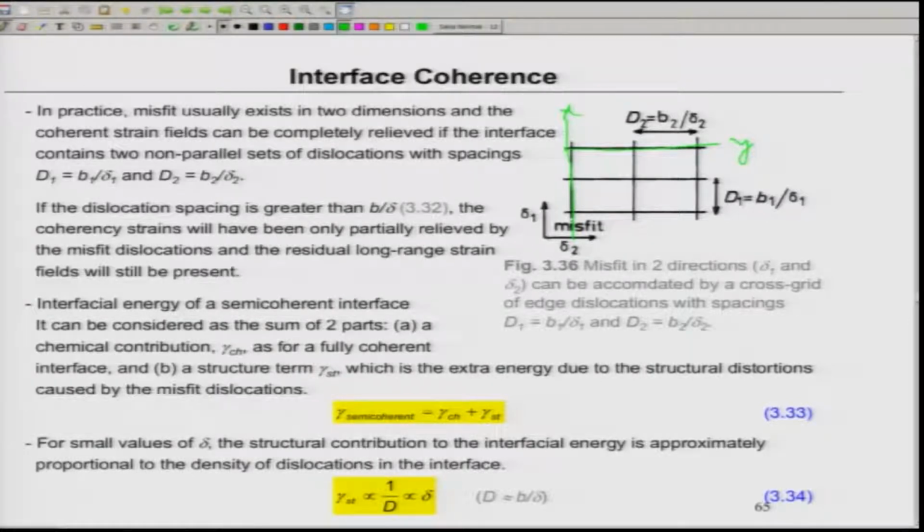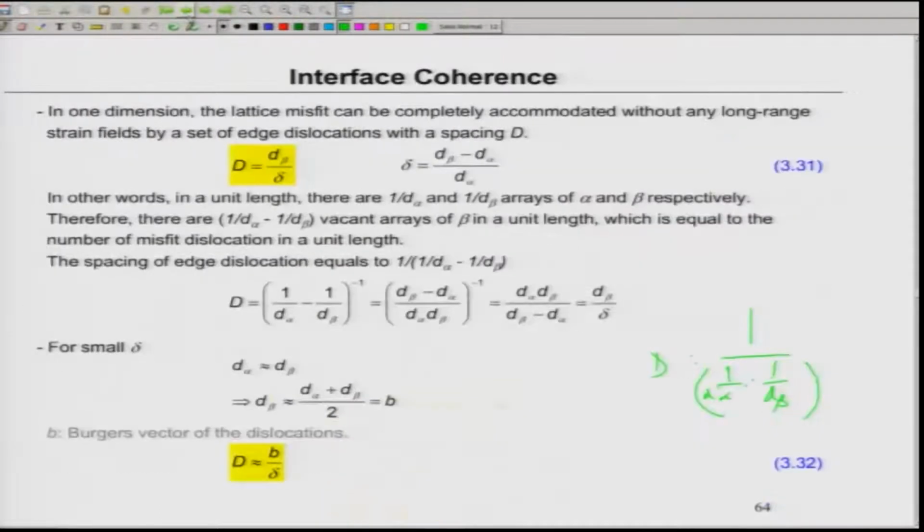The moment the dislocation spacing is more than b by delta, where b is the Burgers vector of the dislocation, the coherency strain will be only partially relieved by the misfit dislocations, and there will be residual strains. Residual strains arise mainly because of distorted bonds. It has already been shown here, I can go back.